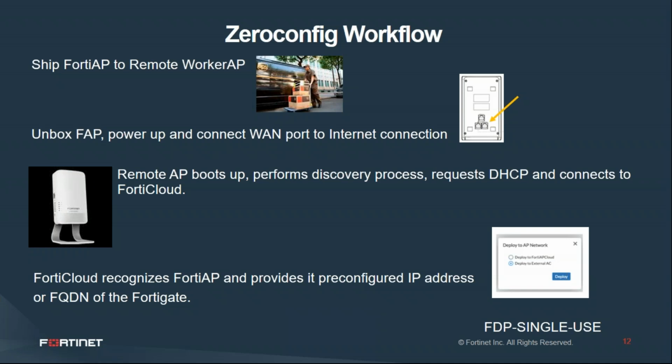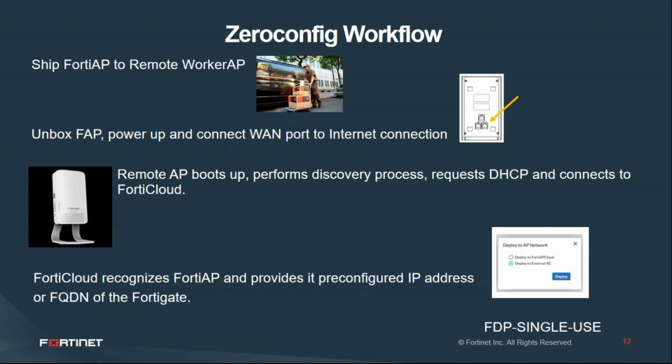If you purchased the FortiDeploy single-use SKU with your remote Forti access points, what that's going to allow you to do is specify on FortiCloud the IP address or the fully qualified domain name of your FortiGate that's going to manage these remote access points.